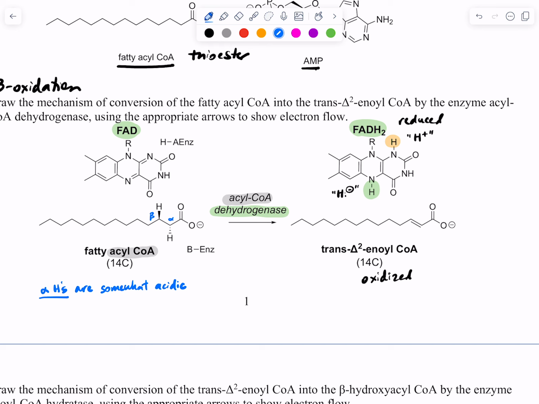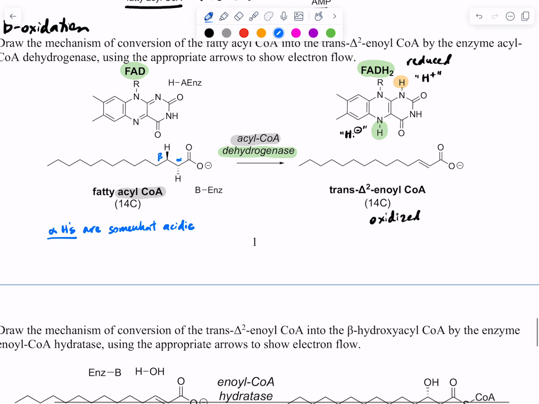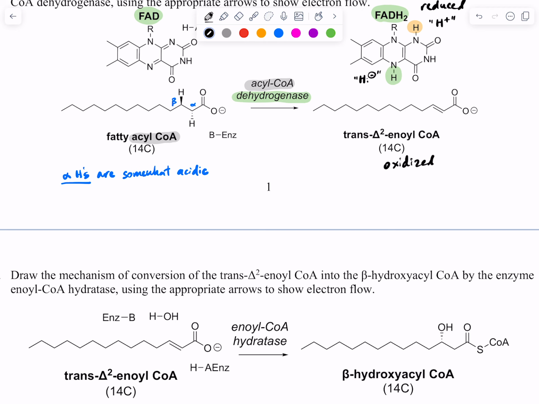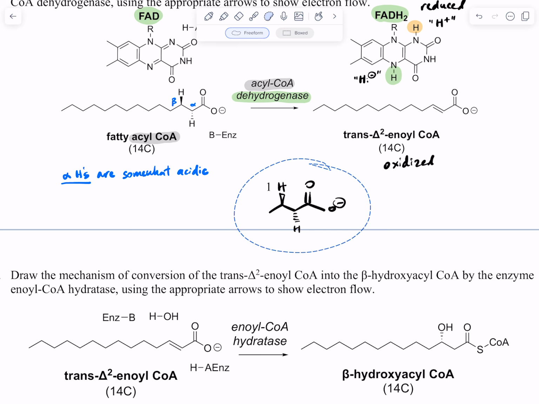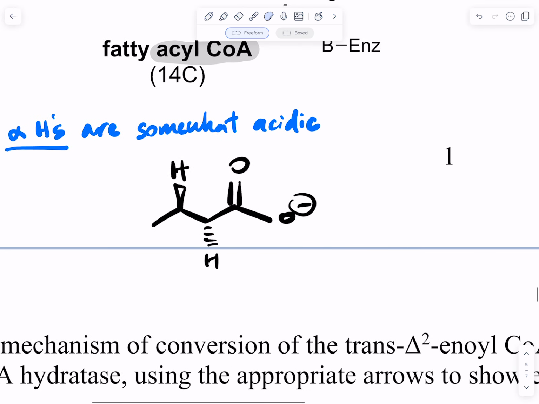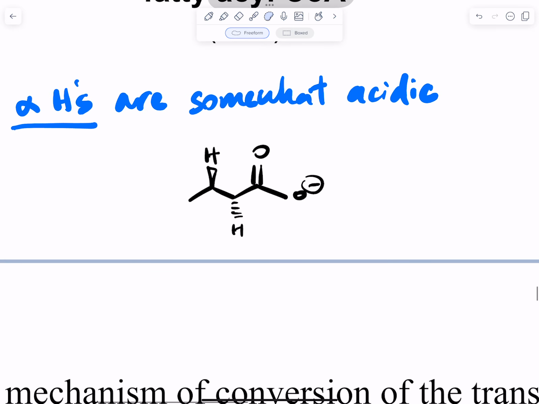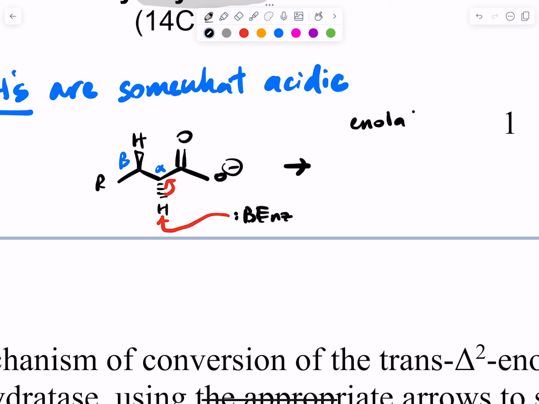Some people will draw an intermediate for this reaction where the base from the enzyme deprotonates the alpha proton and electrons go onto the alpha carbon to generate an intermediate that we have called before an enolate.